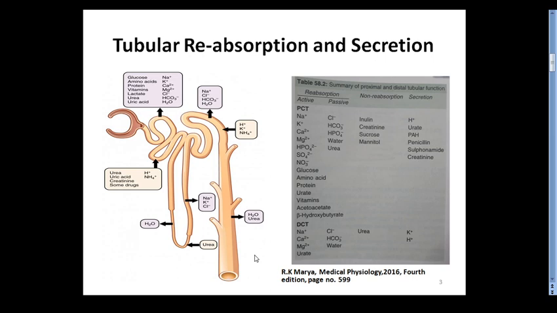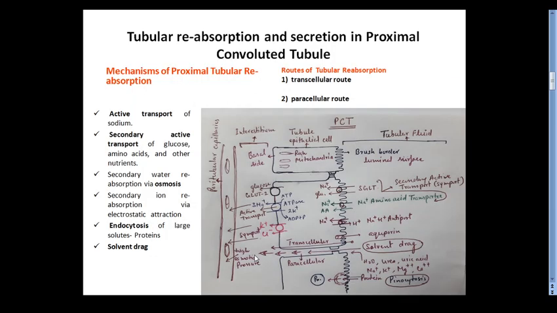Now I will discuss the mechanism involved in reabsorption of different constituents of the filtrate. First of all, I will discuss a little bit about the structure of the renal tubule and the proximal convoluted tubule.